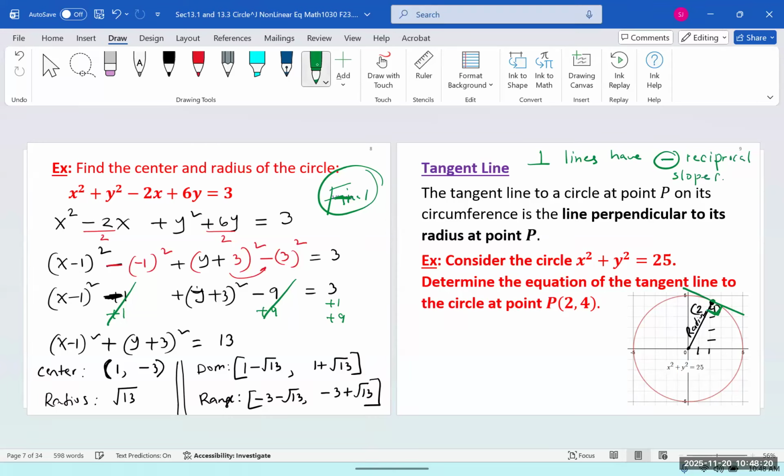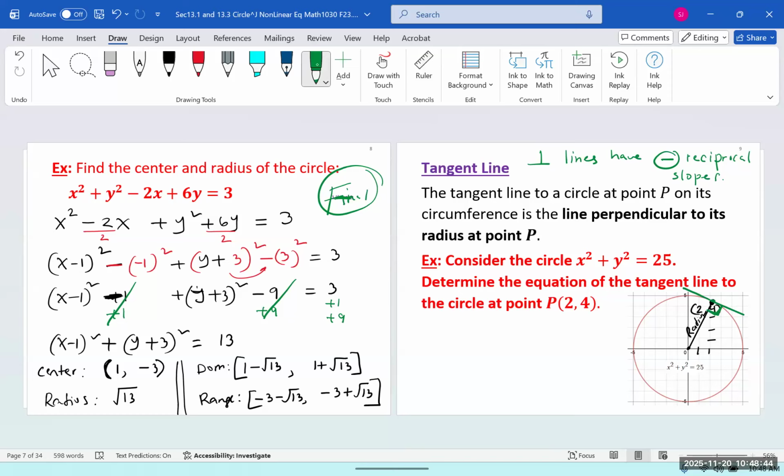If one line has slope 2, what's the slope of the perpendicular line? Negative 1/2. And if one line has slope 2/3, the perpendicular slope is negative 3/2. You change the sign and flip the number.